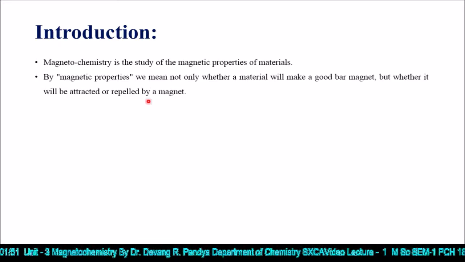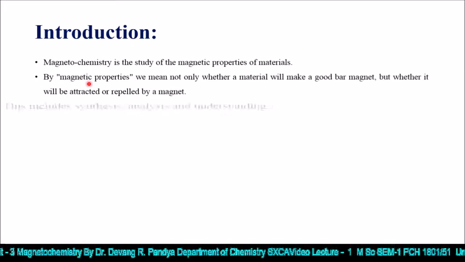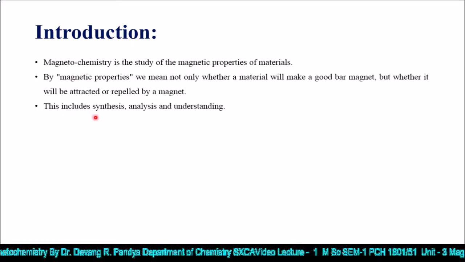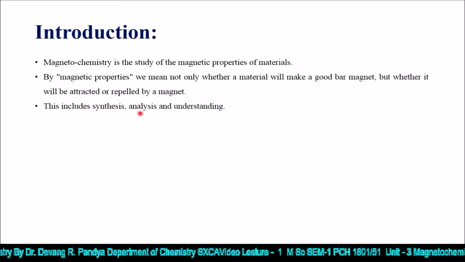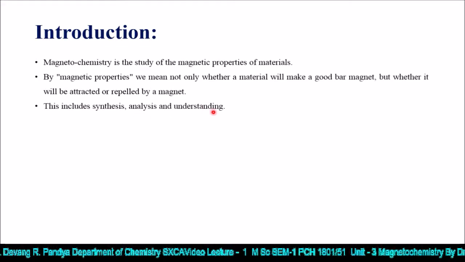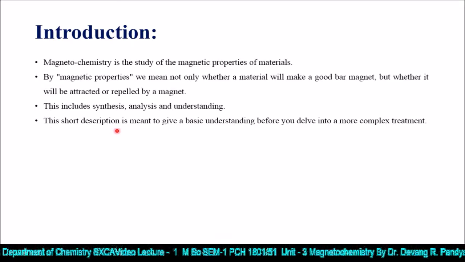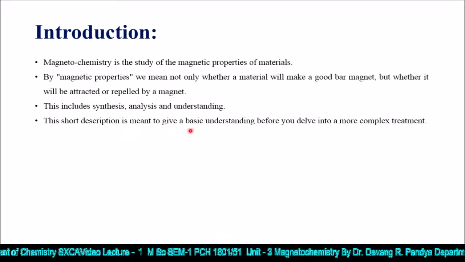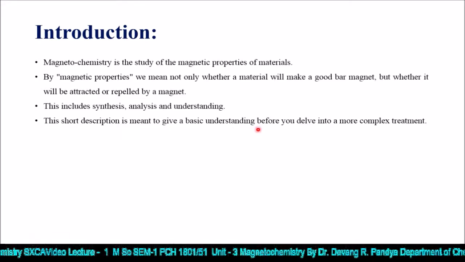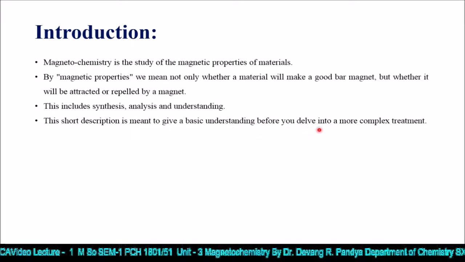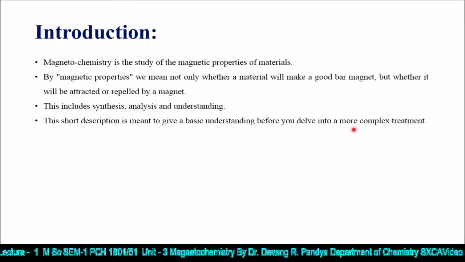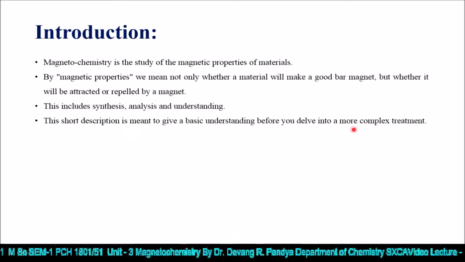So that property we need to discuss today. This includes synthesis, analysis, and understanding. This short description is meant to give a basic understanding before you delve into a more complex treatment in magnetochemistry.